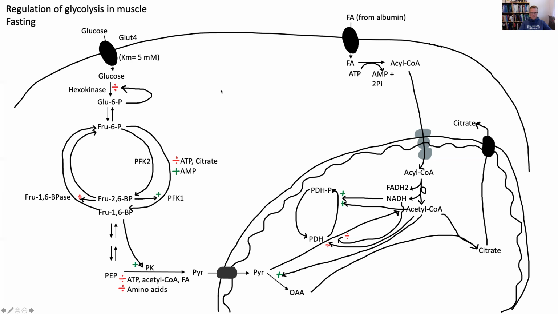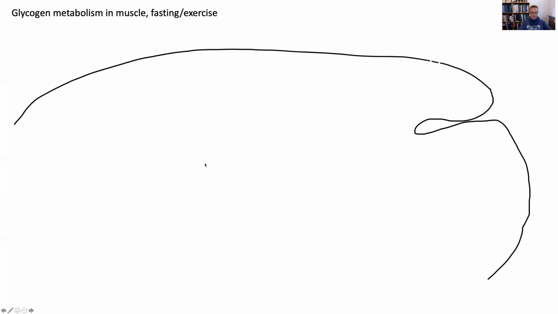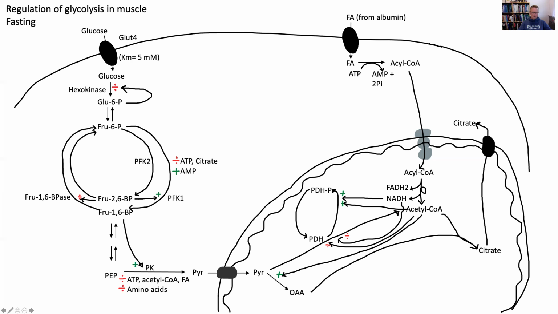And in a case where we are looking at the regulation of glycolysis in muscle during fasting, we know that the fatty acid concentration increases in the circulation, which overall will result in increased citrate levels that will inhibit phosphofructokinase 1 and later on hexokinase as well, leading to an inhibition of glucose oxidation.